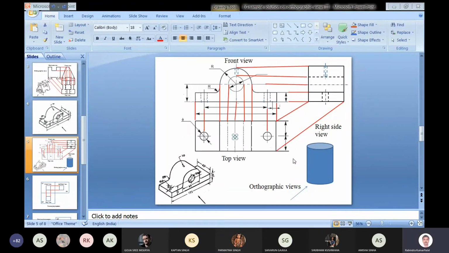A small circle should be there, and at the same time we have to show the line of symmetry also, here in this way.